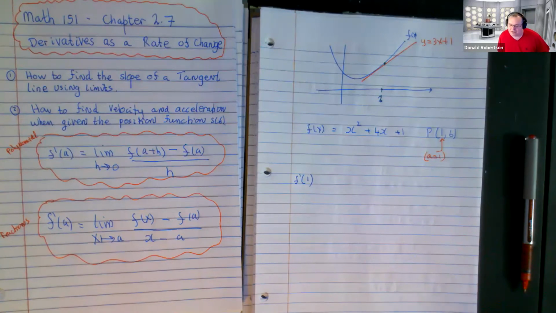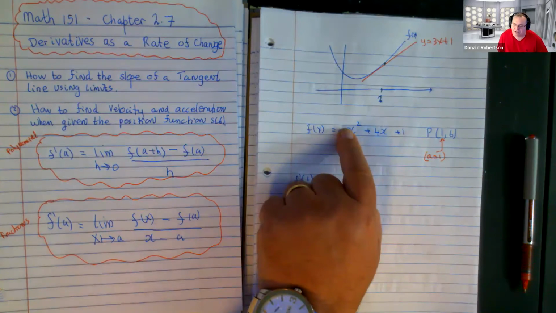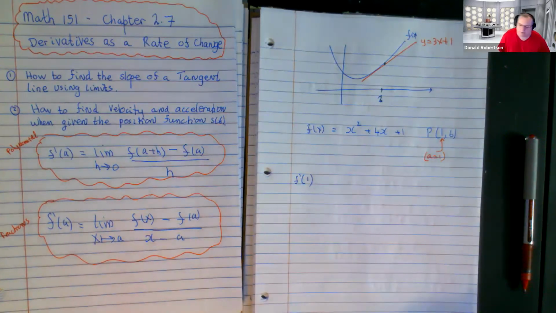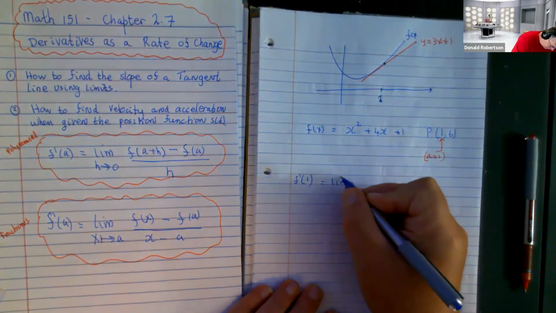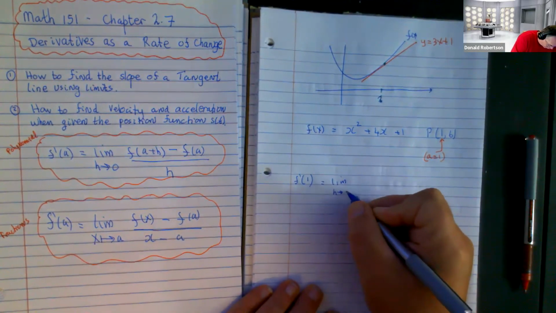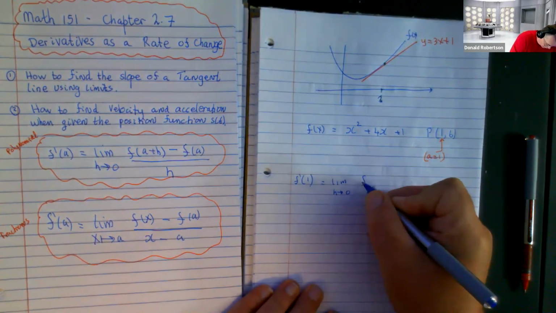Or even better, can't I just say f dashed of 1 and you all know what we're doing? Agreed? F dashed of 1 is code for finding the slope of the tangent line to f of x at x equals 1. So it's going to be the limit as h tends to 0 of f of 1 plus h.